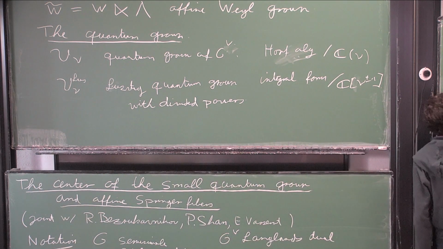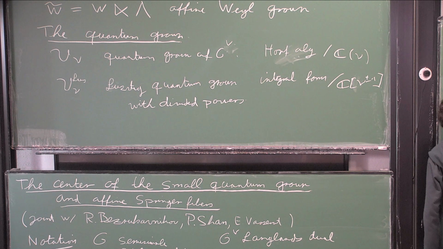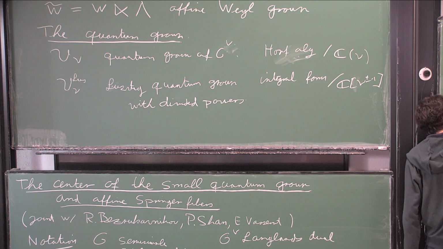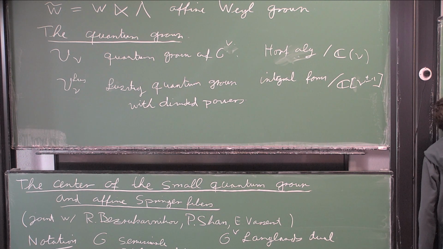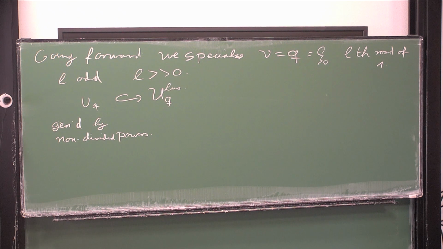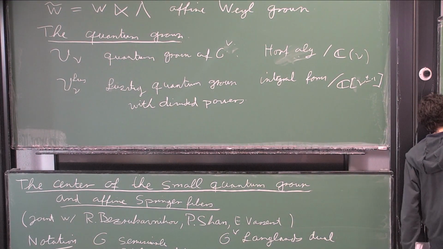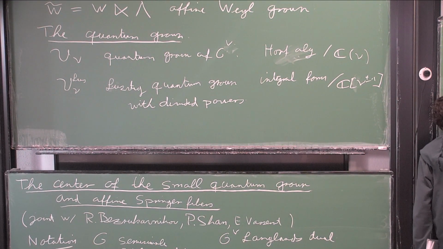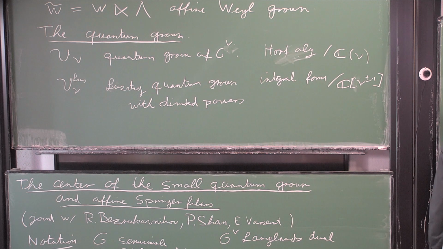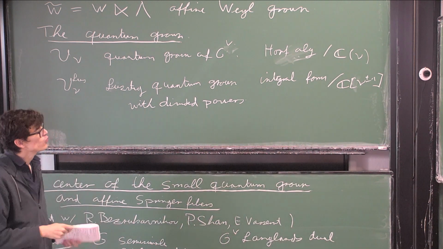So this is generated by non-divided powers, by the regular powers, and just the usual generators, E_i, F_i, and so on. And this is a finite dimensional subalgebra of this Lusztig quantum group.